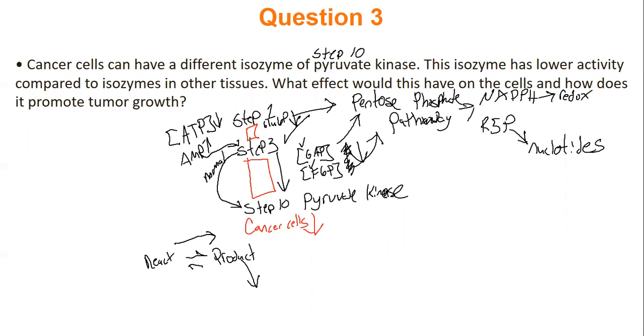That's hard to do because remember the signal for being low energy is AMP. So ATP makes AMP by getting rid of its phosphates. And that is the signal of saying I'm low energy when you have a lot of that around.